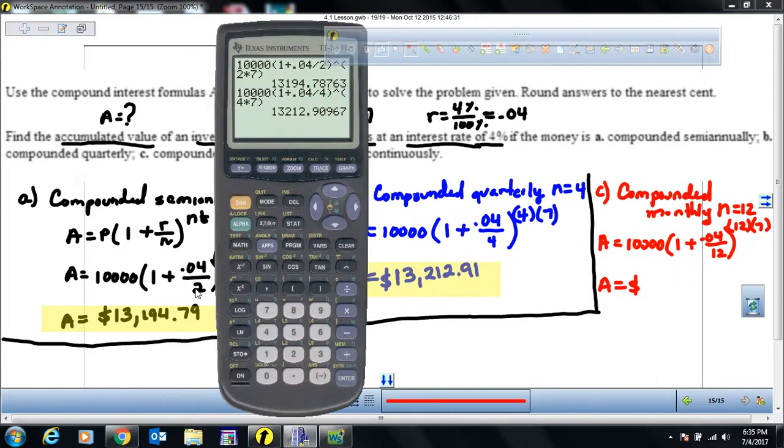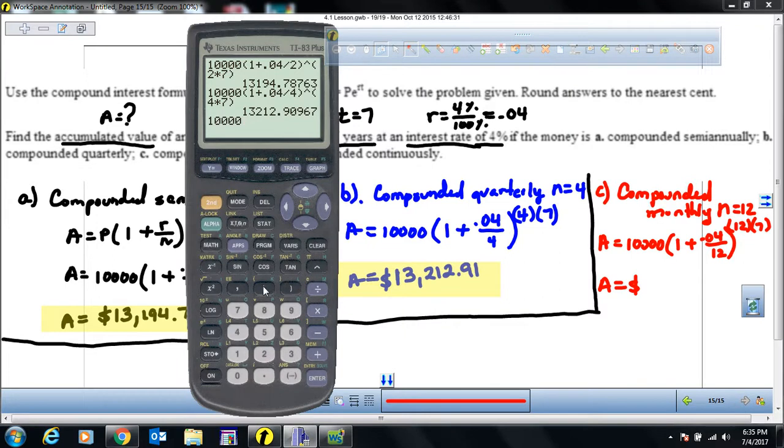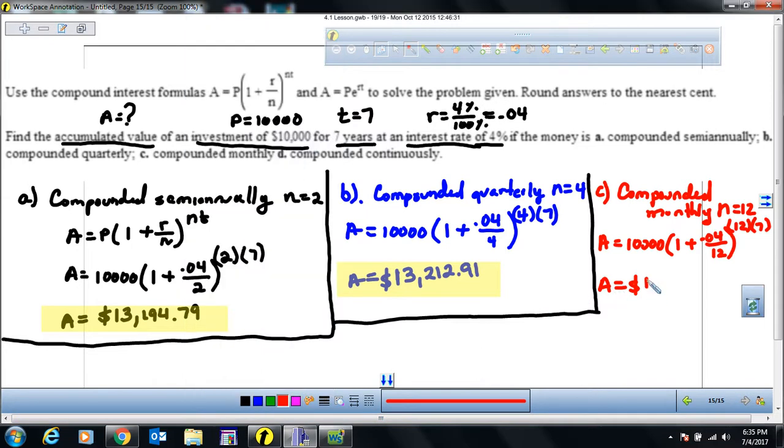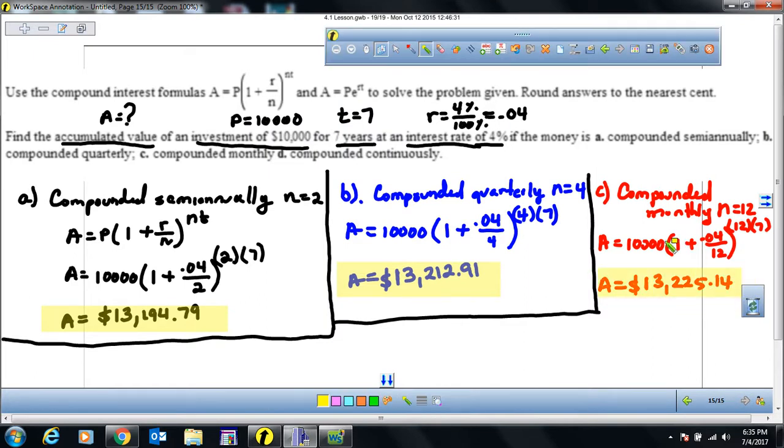So let's calculate it. $10,000, parentheses, 1 plus the rate, which is 0.04, divided by 12, close parentheses, everything raised to the open parentheses, 12 times t, which is 7, close parentheses, and that gives me $13,225 with 14 cents. So this is how much I'm going to accumulate after the 7 years if the interest is compounded monthly.